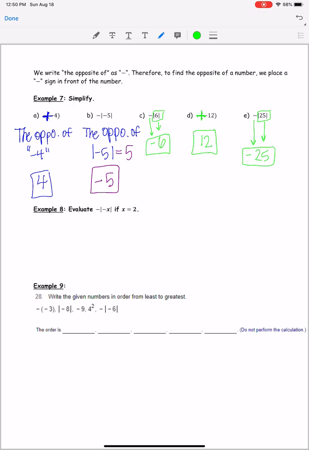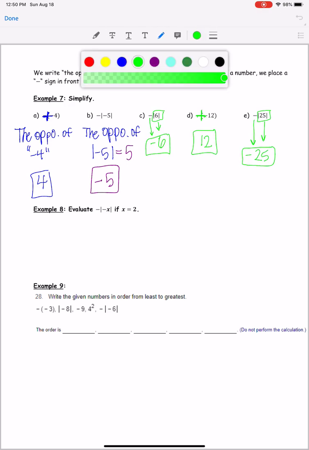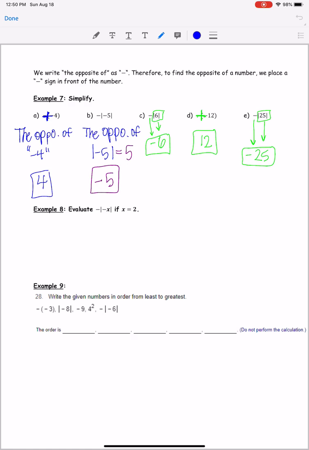All right, example 8. Evaluate the opposite of the absolute value of -x if x equals 2. So let's remember back to last lesson. The best way to do this is take wherever you see that variable and replace it with some parentheses. So that means I have the negative absolute value of a negative something and close those absolute value signs.